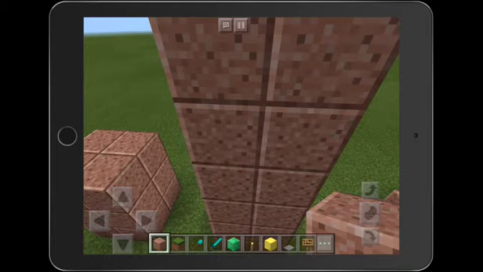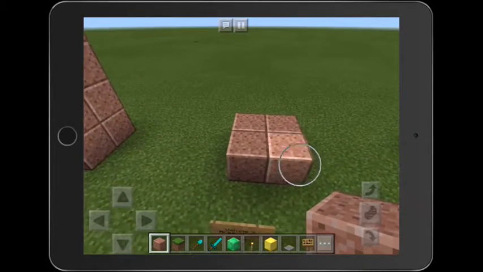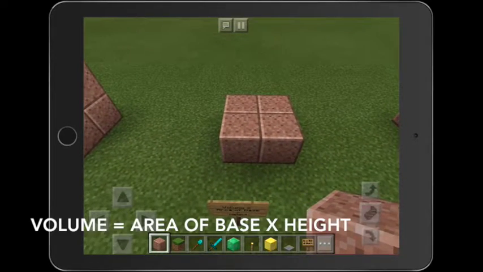All right, this is really because volume is found by taking the area of the base of the shape and multiplying it by the height that you're looking for. So look at this example here. I have the area of the base, that's 4.